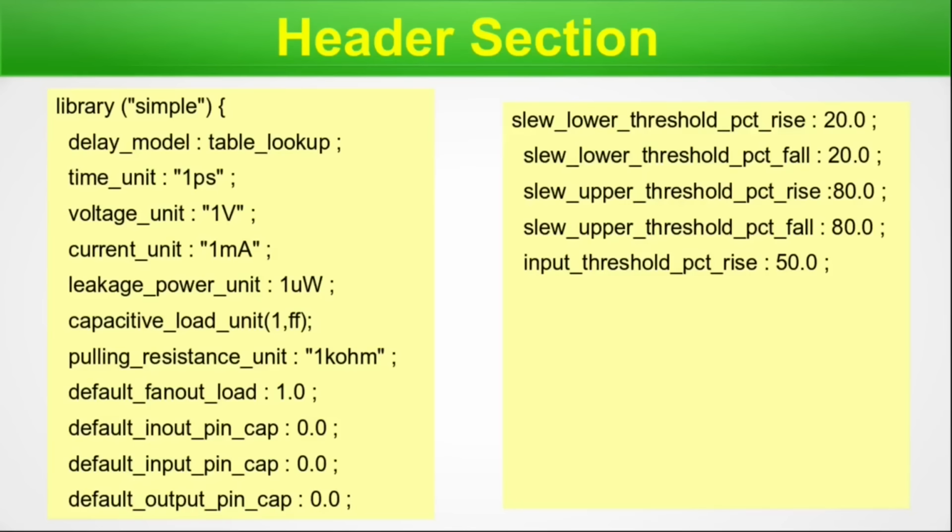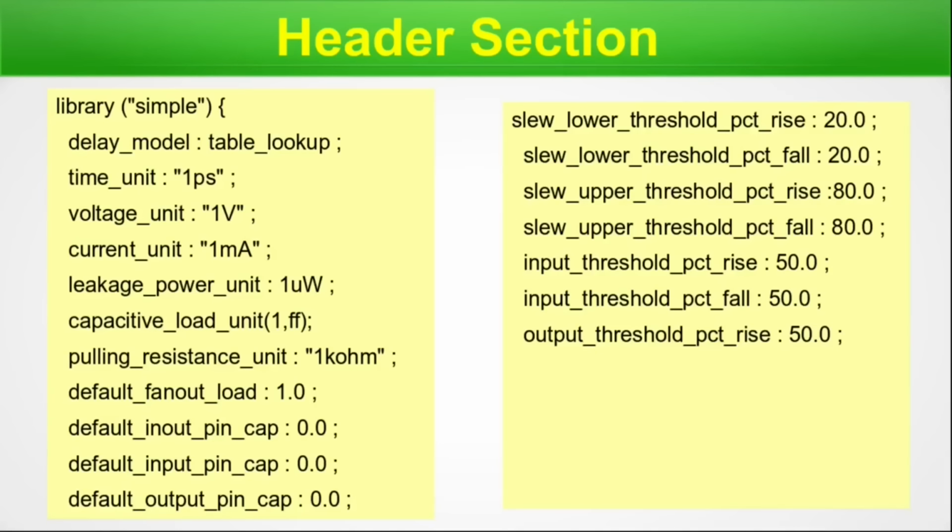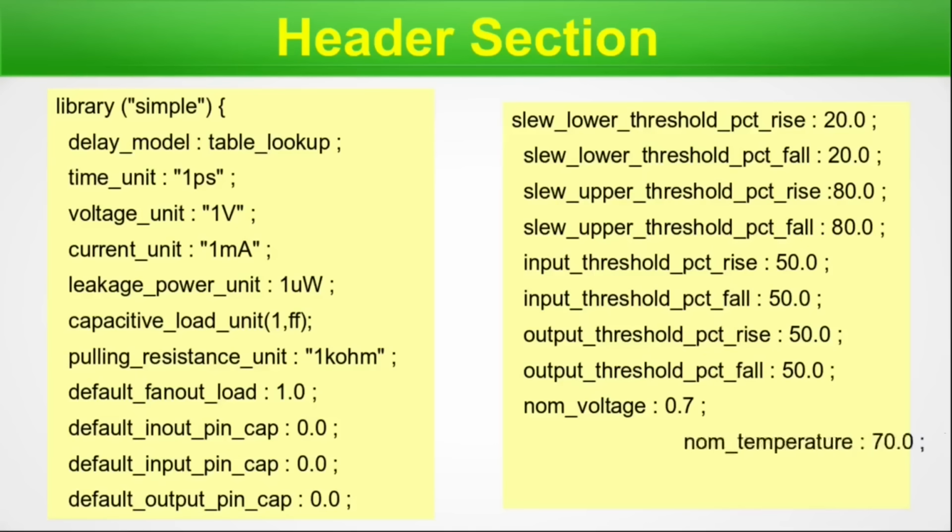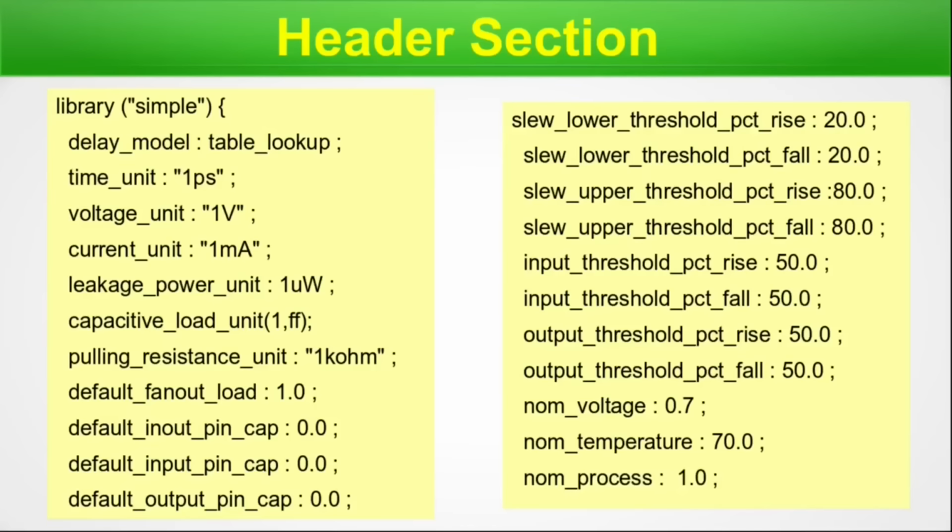Input threshold PCT rise 50.0, input threshold PCT fall 50.0, output threshold PCT rise 50.0, output threshold PCT fall 50.0, norm voltage 0.7, norm temperature 70.0, norm process 1.0.